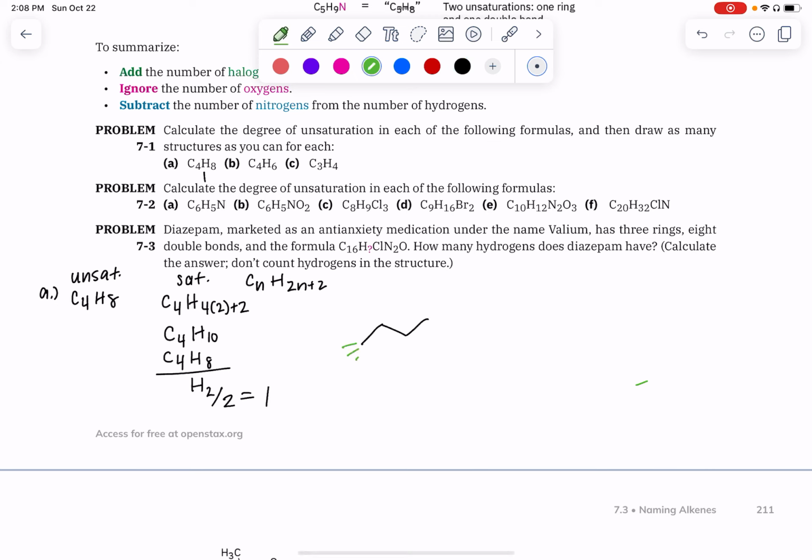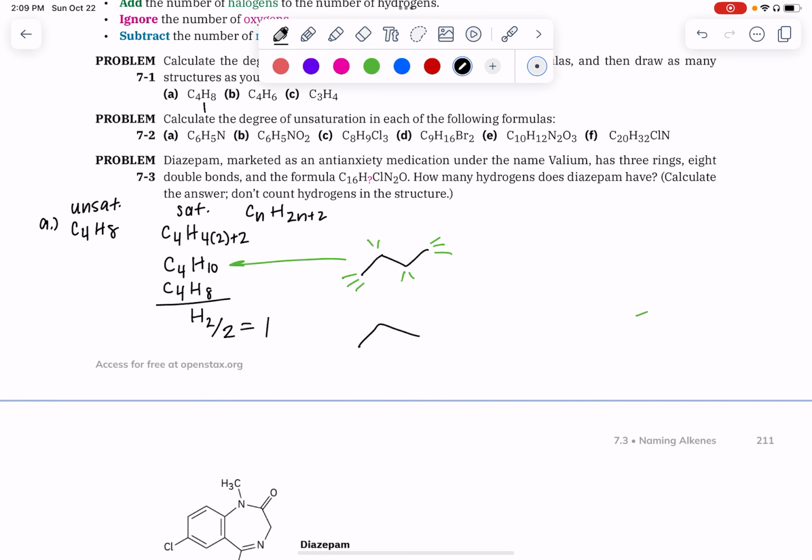We have 1, 2, 3, 4 carbons with 3, 2, 2, 3 hydrogens, that's 10. So this is our saturated, which is here. And an unsaturated could be this. It could be a ring. And it could be a couple other things.